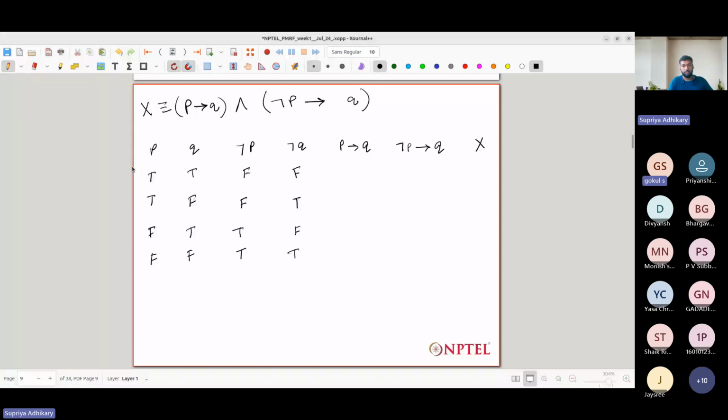So P implies Q is true. Similarly, as I was saying before, P over here is true and Q is false. So this cannot happen, because if P is true, then Q should also be true, since P is the sufficient condition for Q. Therefore, this should be false. Now, whenever P is false, it doesn't matter whether Q is true or false, because since P is not true, any assignment of Q gives us P implies Q as true.